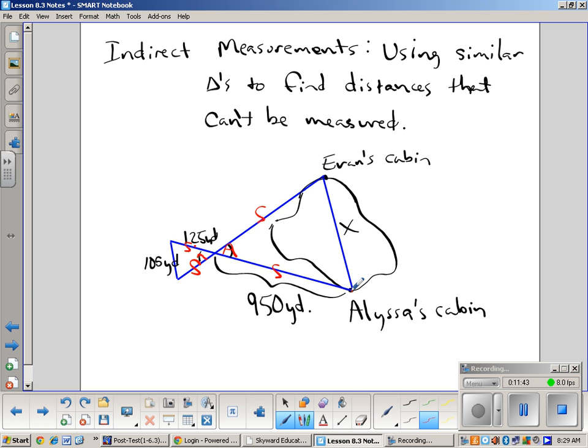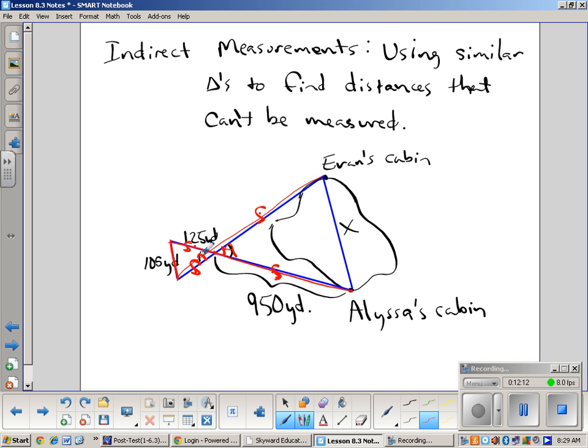So he took this point here and he measured a straight line all the way to here. And he took this point here and he measured a straight line there.